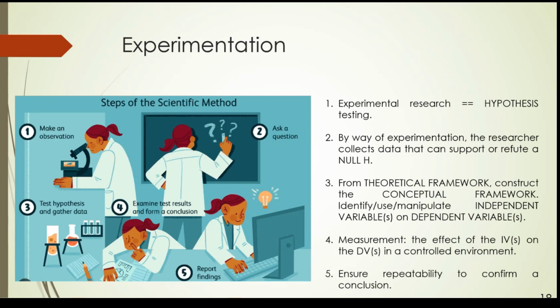Then in our experiment, we try to prove the null hypothesis. If the experiment fails to prove the null hypothesis, then our hypothesis is acceptable. But if the null hypothesis can be proven, that means our hypothesis is wrong.